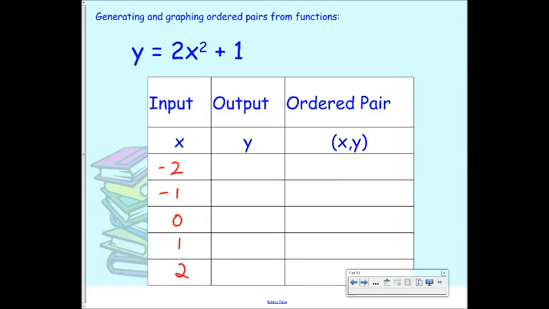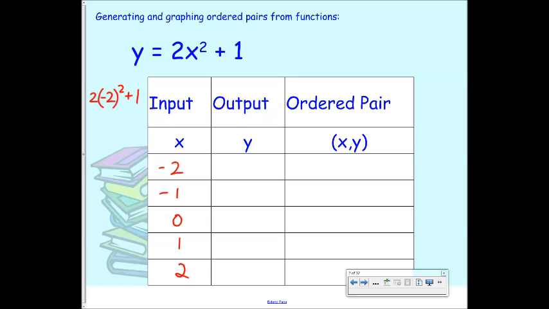Okay, so if I plug in -2, what kind of equation does this have? I'm sorry, what does it have in it? Yeah, it has an exponent in it. So I'm going to do my first one, 2(-2) squared plus 1. What do I do first here? Okay, what's (-2) squared? It's in parentheses, because whenever you plug something in, you've got to keep it in parentheses, because the whole thing has to go in.